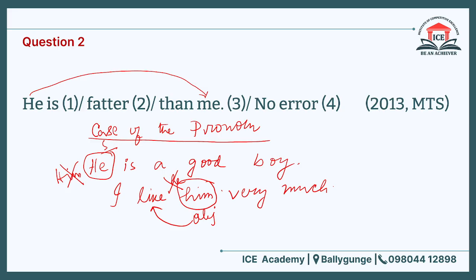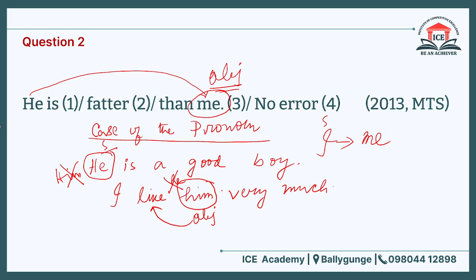Clear so far? Now, I is the subjective case, or nominative case pronoun, and the objective case is me. So now in this sentence, than me, objective case pronoun has been used here, right?